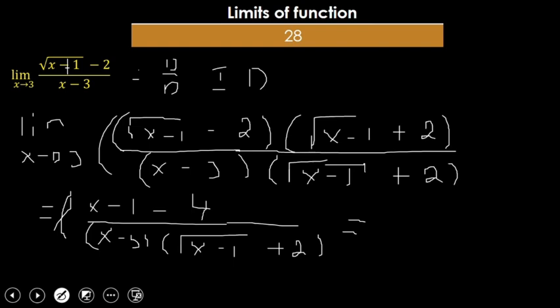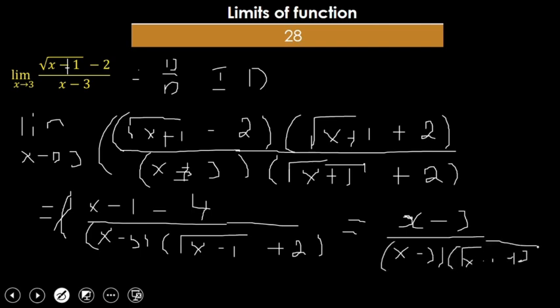Here it was plus, we forgot that. Now here is minus, here is plus, plus. That is x minus 3 all over x minus 3 times the square root of x plus 1 plus 2. This and this will cancel.